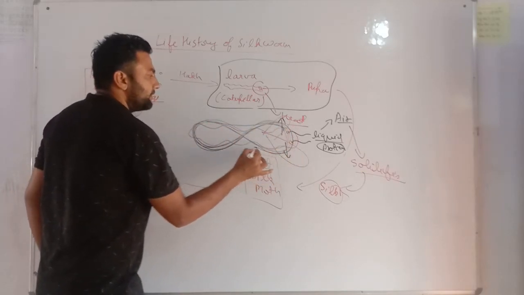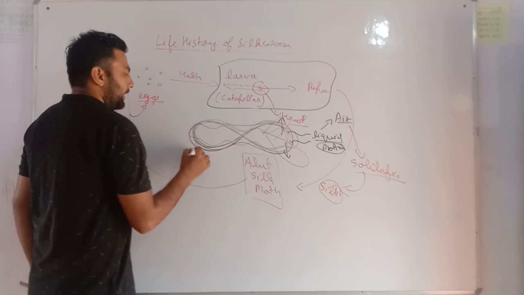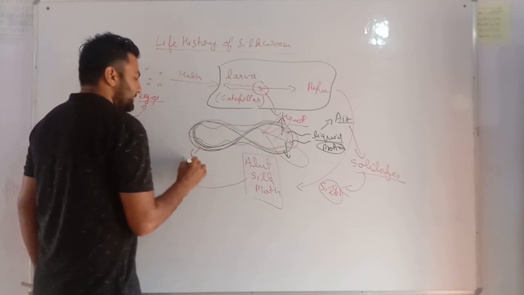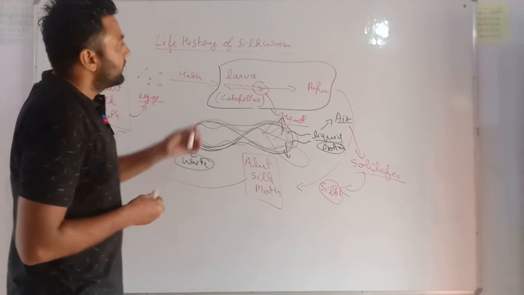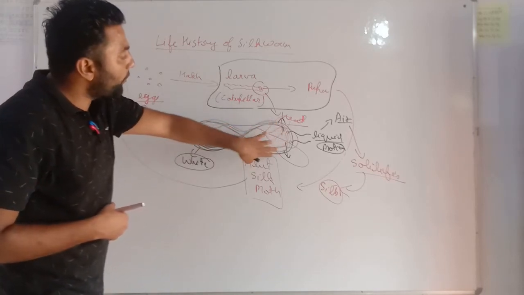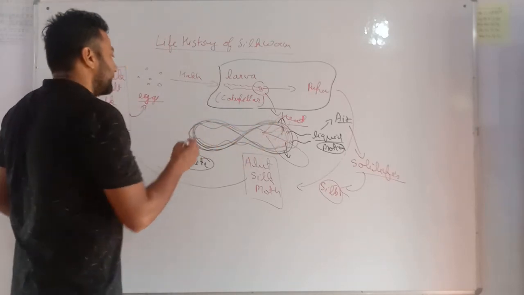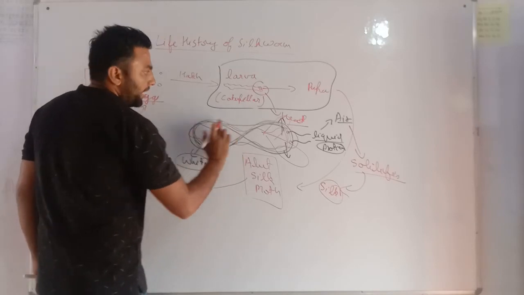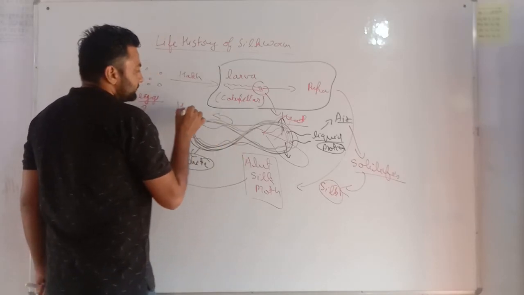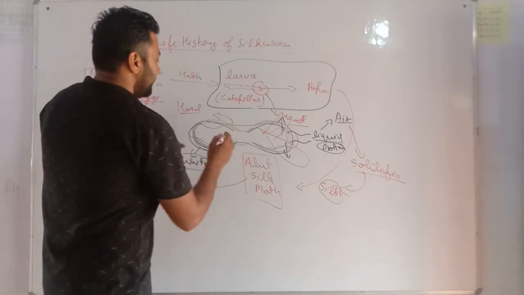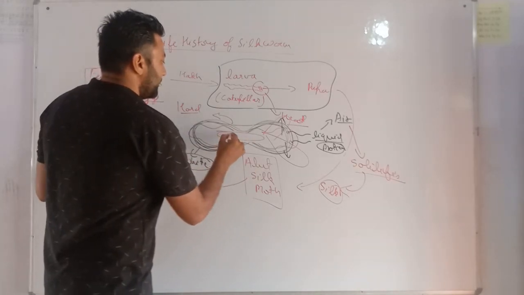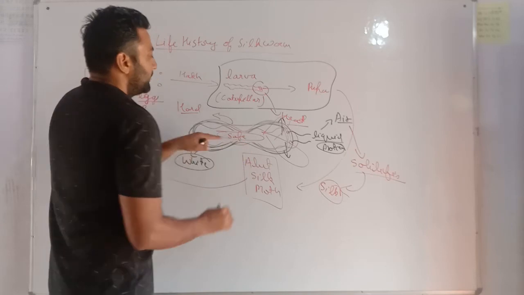When it fully covers itself and this liquid solidifies and is white in color, the larva is now fully protected inside this hard covering. Very important, this white covering is hard, and what it does is keep the caterpillar safe.